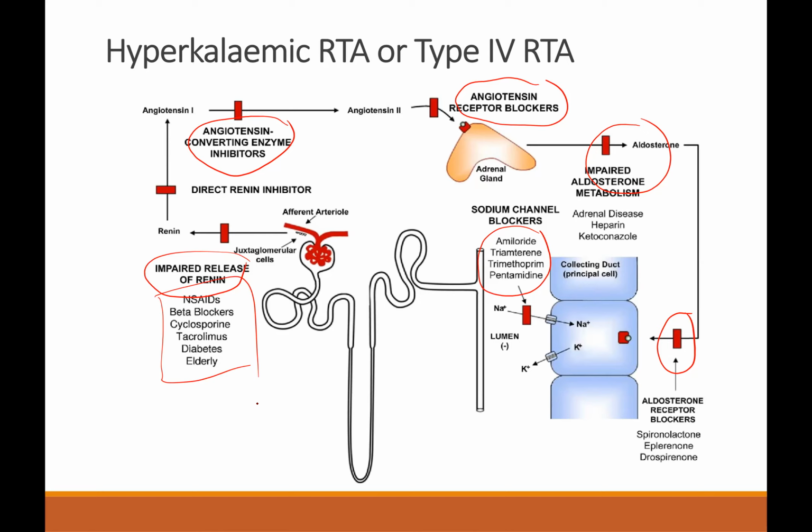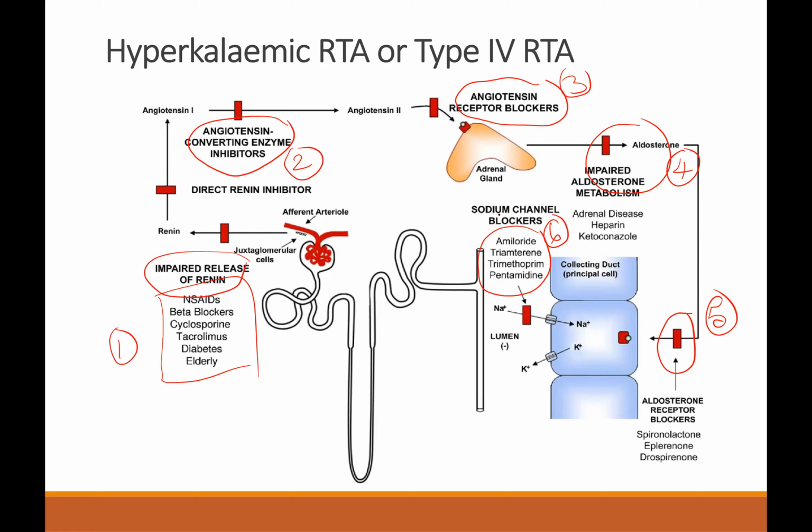So, number one cause, low renin, ACE inhibitors, ARBs, impaired aldosterone metabolism, aldosterone receptor antagonists, and potassium sparing diuretics. They are called the sodium channel blockers. In a way, sodium is not allowed inside, sodium is excreted and potassium cannot go. They are called the potassium sparing diuretics, otherwise called the sodium channel blockers.